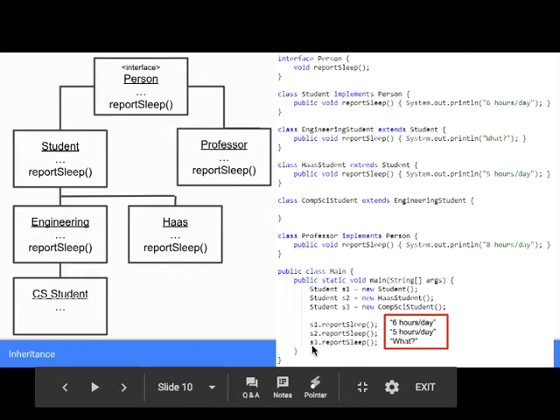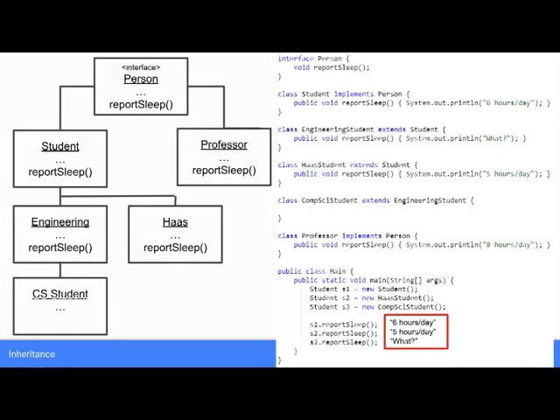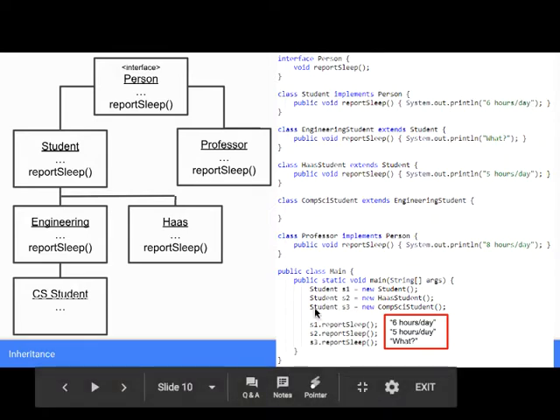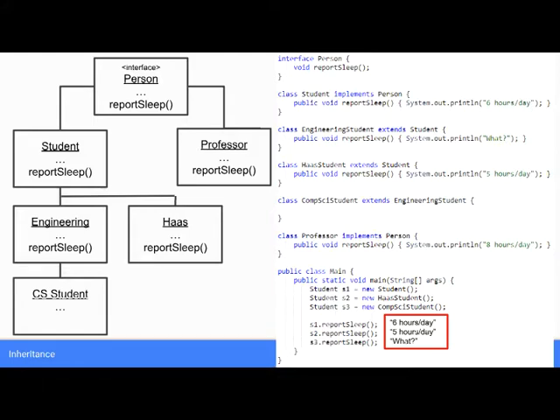Would this compile? As with all questions of will this code compile, you always have to check the static class of the object invoking this method. So in that case, the static type of s3 would be EngineeringStudent, and because we removed reportSleep from that class, it will not compile. Yes.